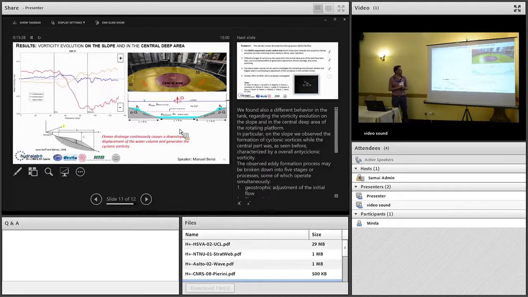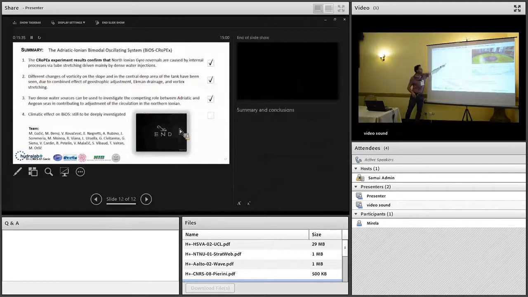Here you can see, for example, the evolution of the vorticity in the central part, the red one, as you saw before, and on the slope at the surface, where you see cyclonic vortices along the border of the tank.